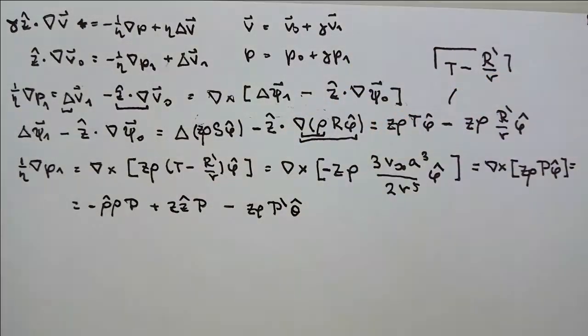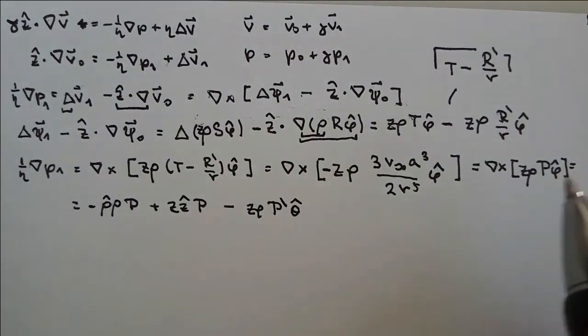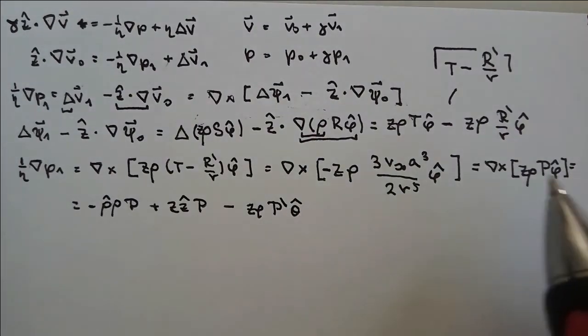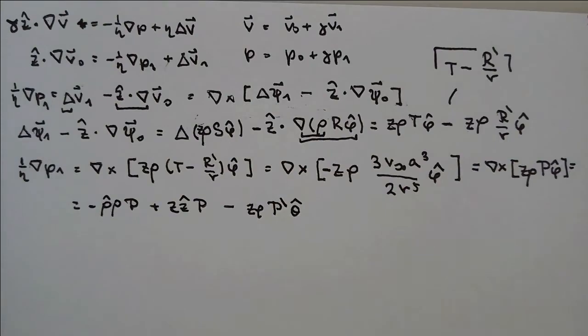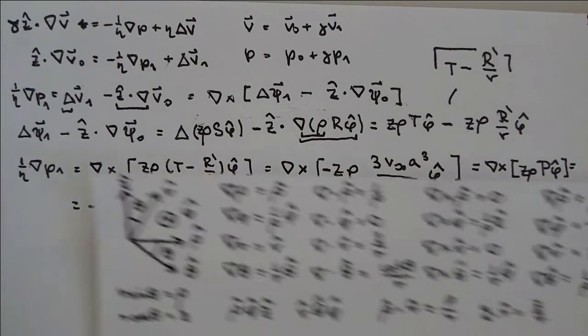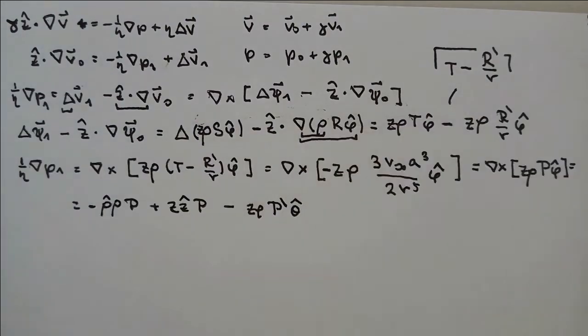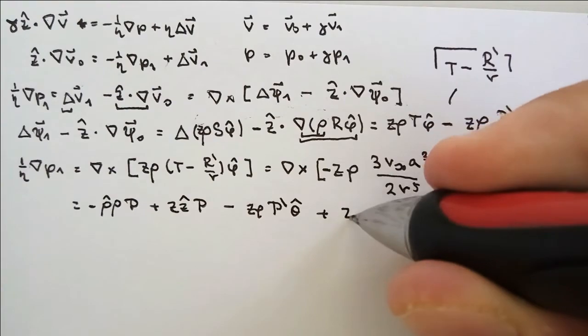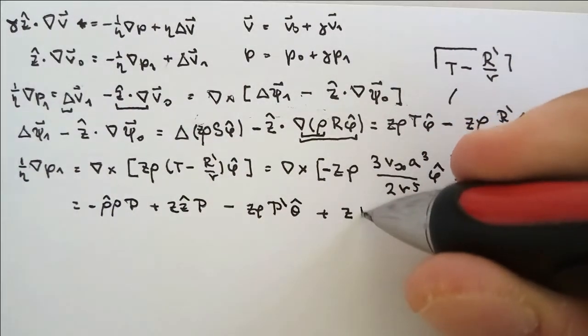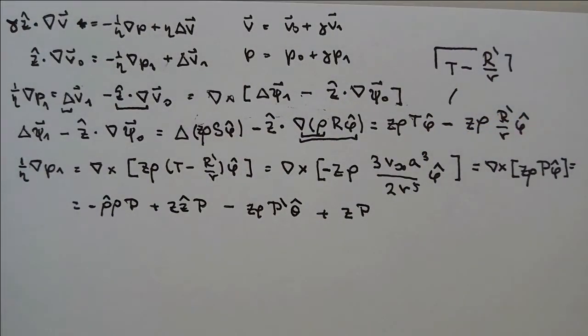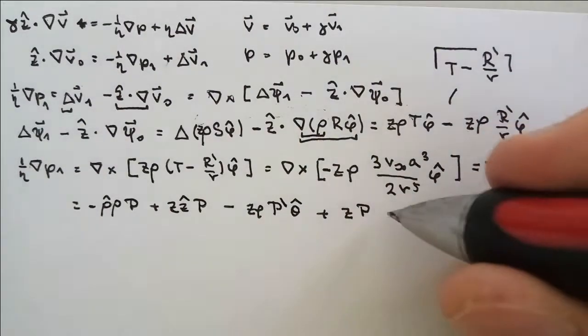So this is minus theta hat. And the last term is the curl of phi hat vector, which is 1 over rho times z, so it's plus z p and z vector.